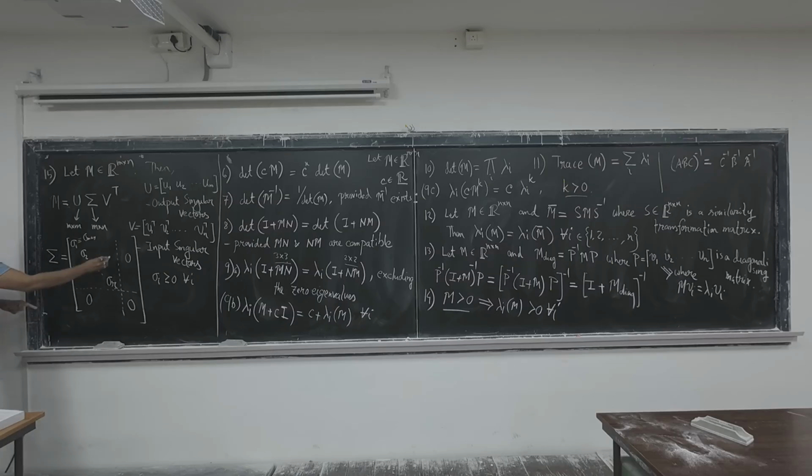In that way, this block here, this is the sigma. I am just partitioning it into a 2 by 2 grid. So this part, its dimension will be how much? r cross r.